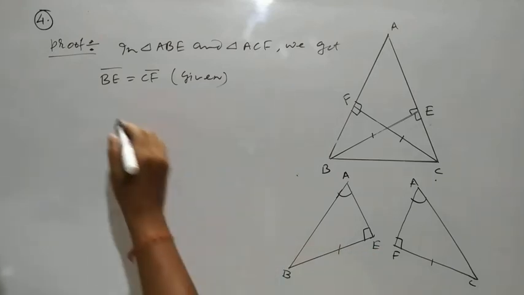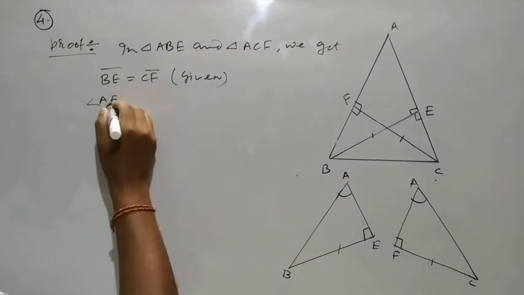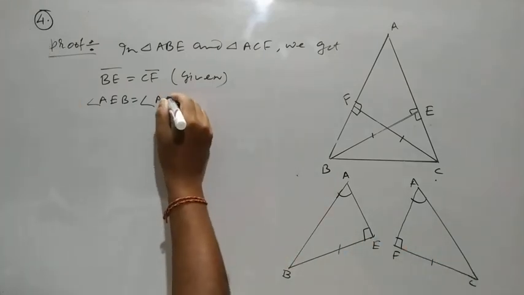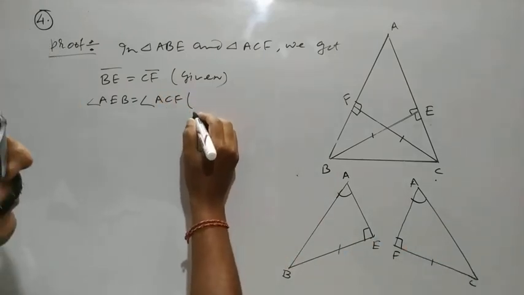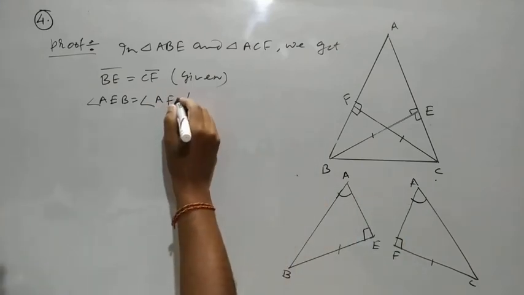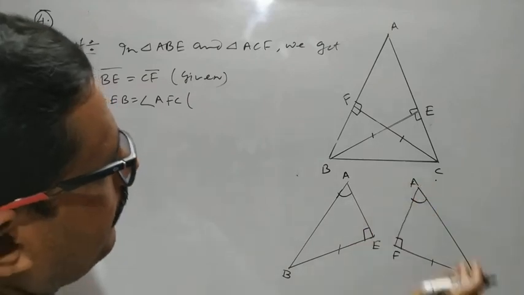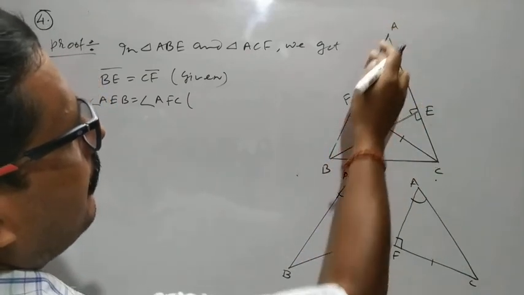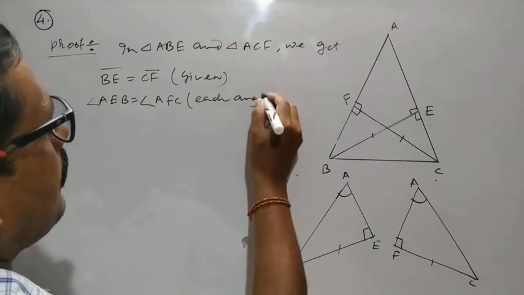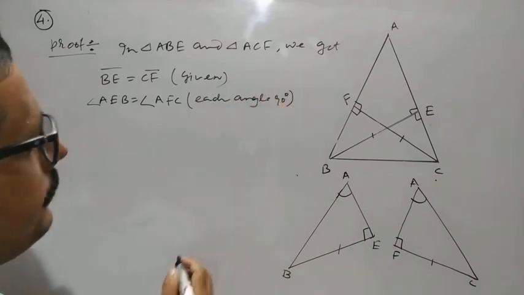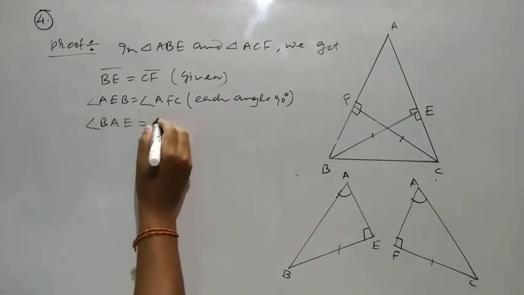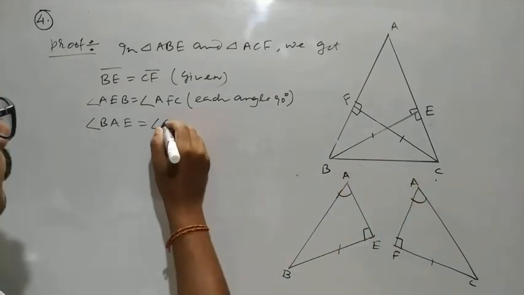And angle AEB equal to angle AFC, each angle 90 degree. Then angle BAE equal to angle CAF.